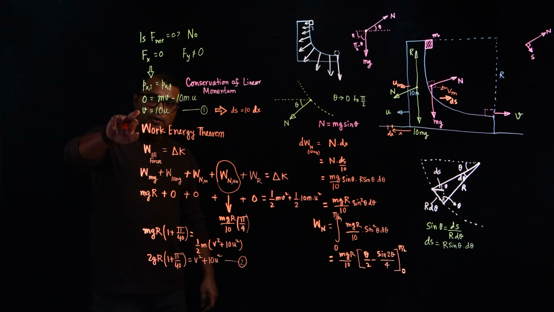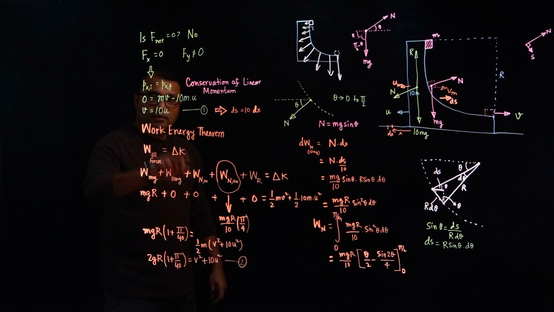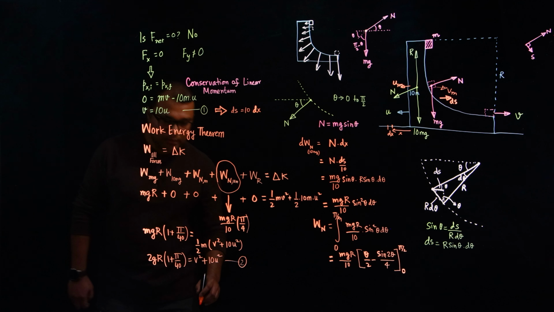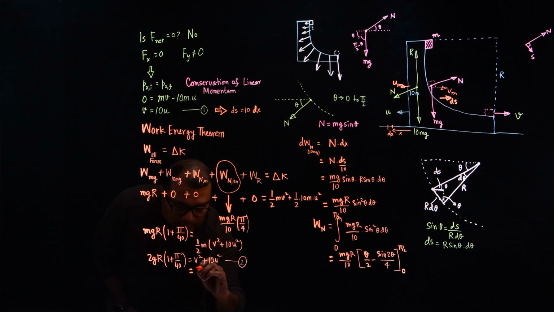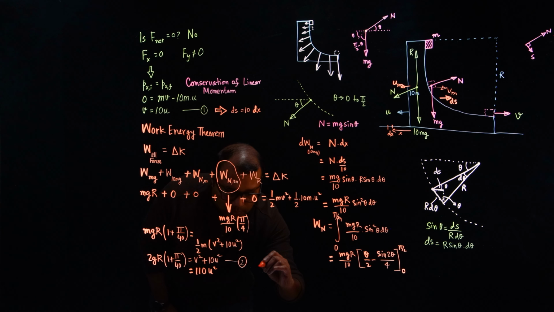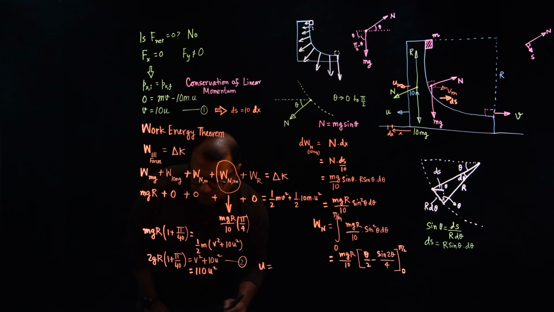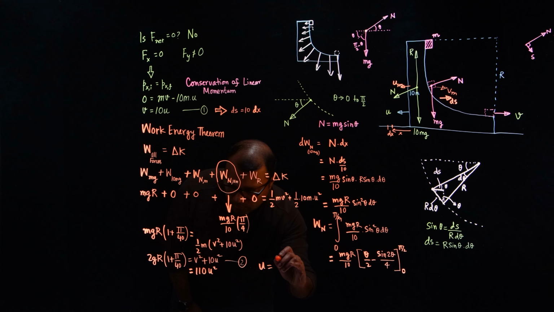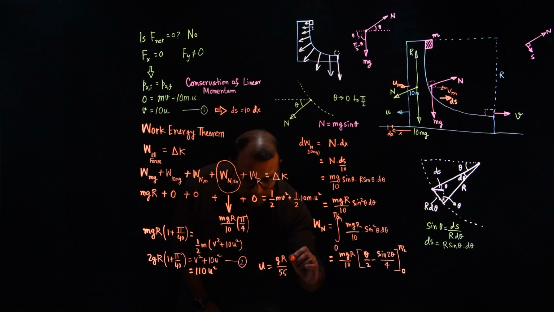So from that, now if you substitute v square is 100 u square, this is 110 u square, or you can get u as the square root of gr by 55 times (1 plus pi by 40).